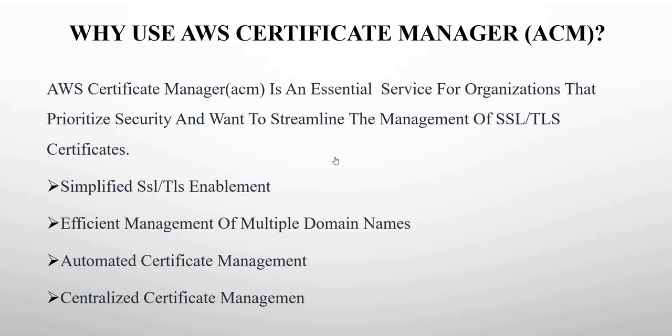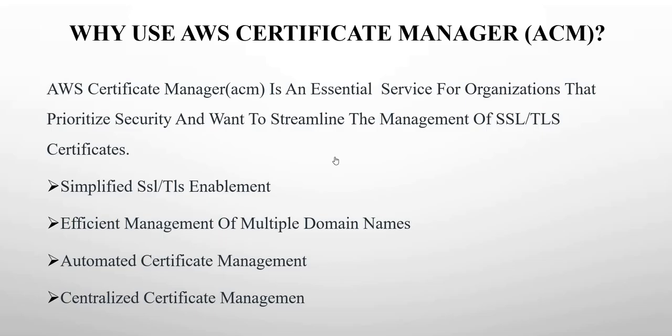The next is centralized certificate management. With ACM, all SSL or TLS certificates in an AWS region can be centrally managed via the AWS Management Console, CLI or command line interface, or APIs.